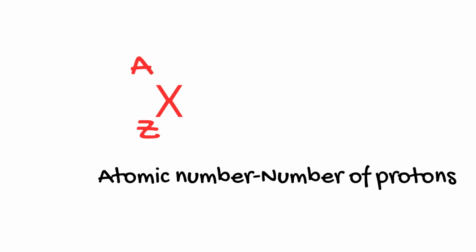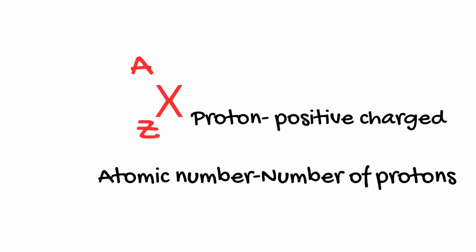Atomic number means the number of protons present in the atom, and protons are the positively charged subatomic particles in an atom. Atoms have subatomic particles, and the only positively charged particle of the atom is the proton. That is denoted by the symbol Z. It is also known as atomic number.